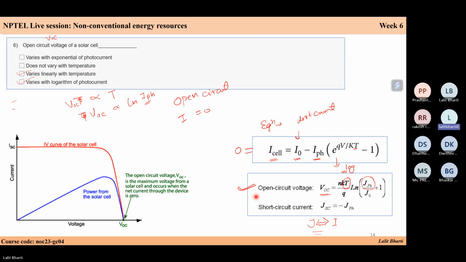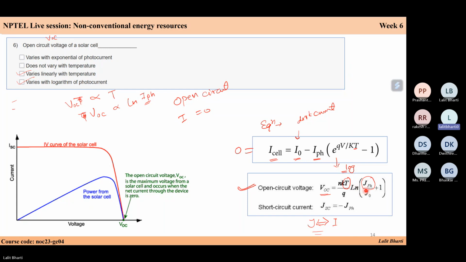So for the case of open circuit voltage, you get VOC is nKT by q ln of IPH or JPH by J naught plus 1. So your VOC is directly related to your temperature T. That is correct, and VOC is directly proportional to the logarithm of IPH.